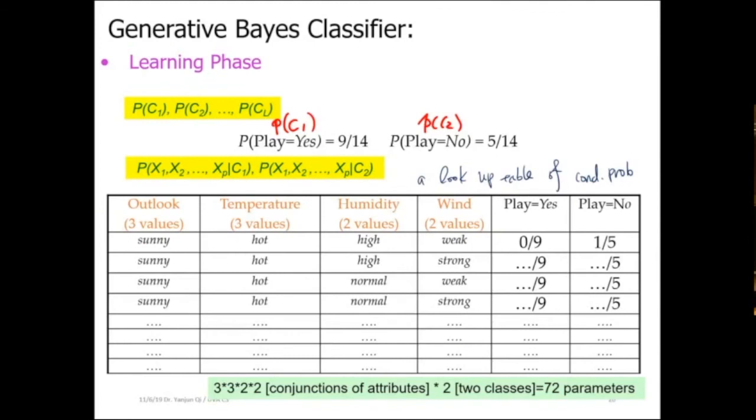So how many features do I have here? Four features, right? And how many combinations do I have? Oh, I already calculated. It's 3 times 3 times, yeah. So let's use an extreme case.